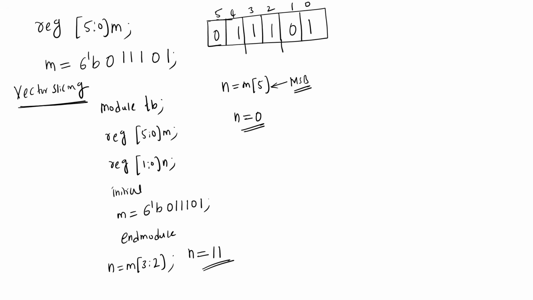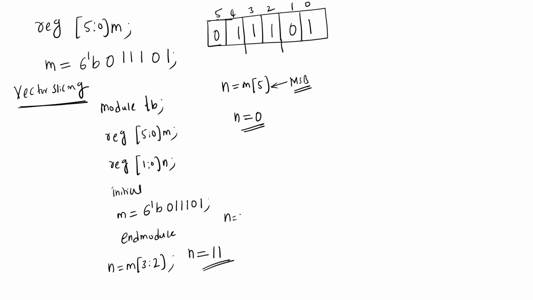Sir, I have to ask a question. In the bottom line, we took n equal to m 3 down to 2. So we are taking the 2 bits of the m on the position of 3 and 2, and assigning those numbers to the value of n.